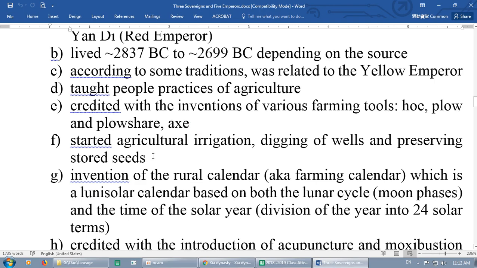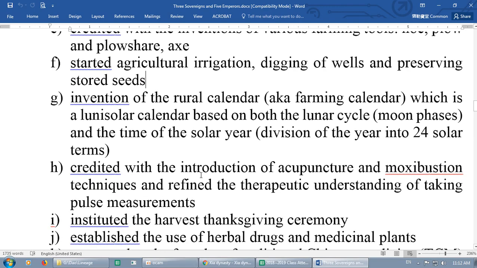He also started agricultural irrigation and using wells, digging wells, for farming and for daily use, and also how to preserve and store seeds. Yeah, very interesting. Also, he was supposedly the inventor of the rural calendar or the farming calendar, which today is called the lunar calendar, which is different from the farming calendar, by the way.